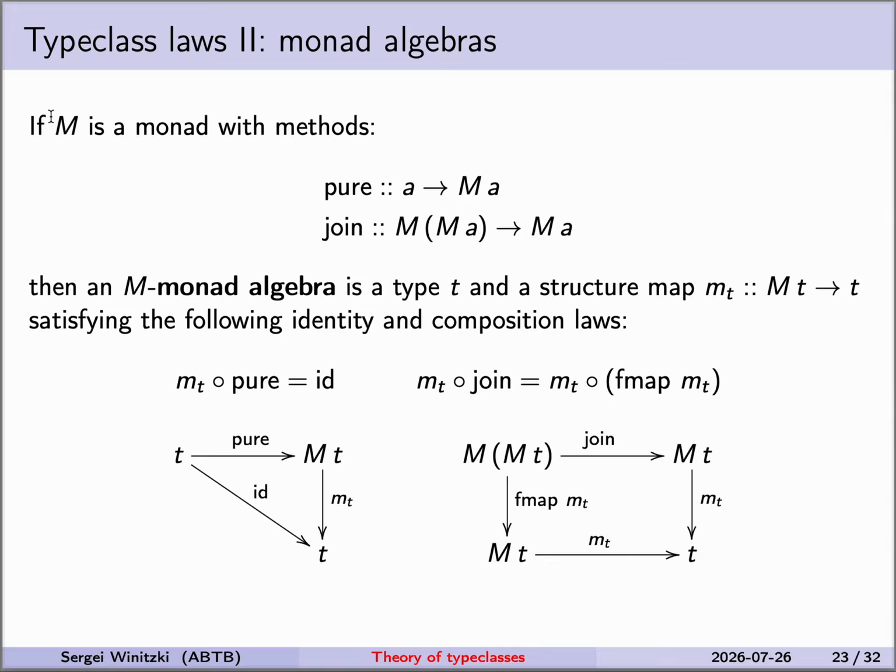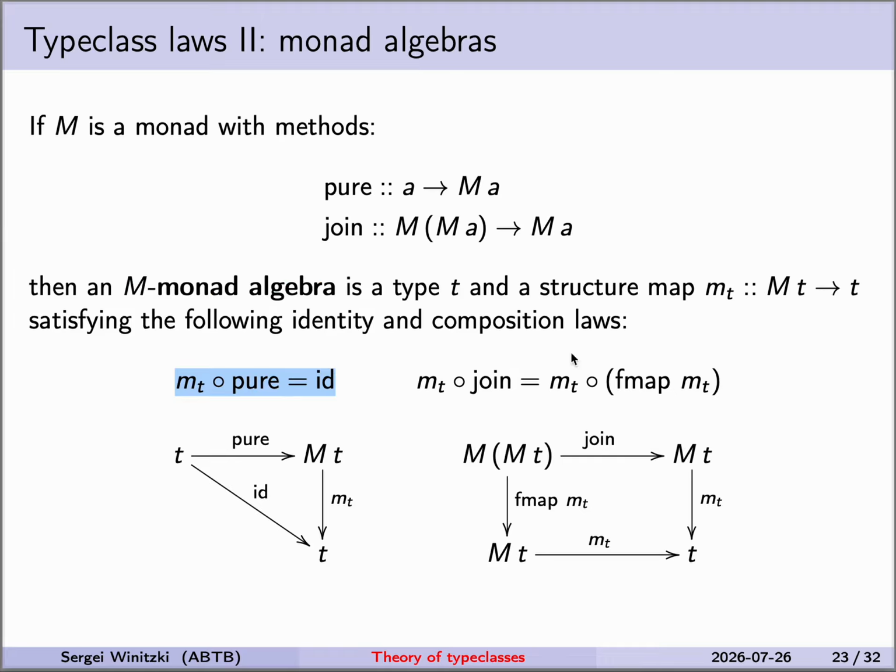Suppose M is some given monad, and I will use this notation where the methods are pure and join. Then a type T together with a structure map of this type, which is just like a functor algebra structure map, is called an M-monad algebra, when the following two laws hold.